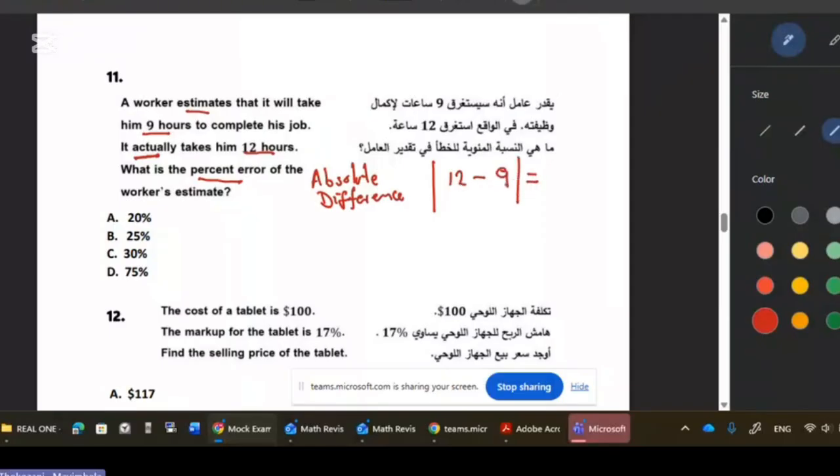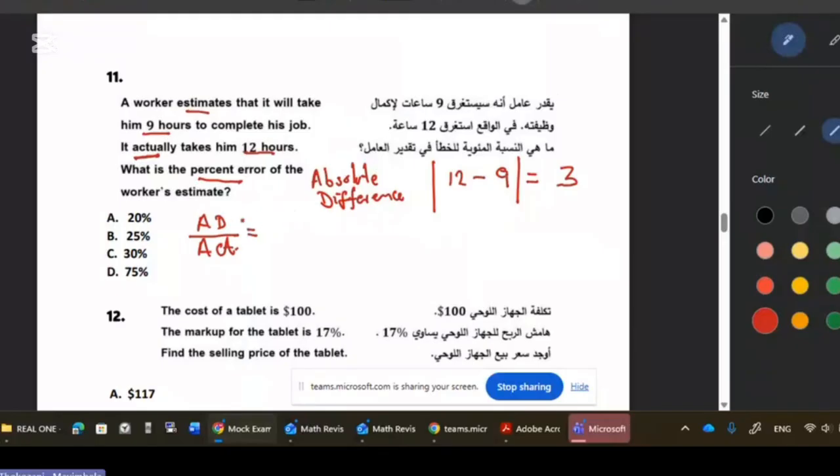What is 12 subtract 9? The answer is 3. And then we're going to say now, the absolute difference, this AD means absolute difference, over the actual. How much was the actual amount or the actual hours?